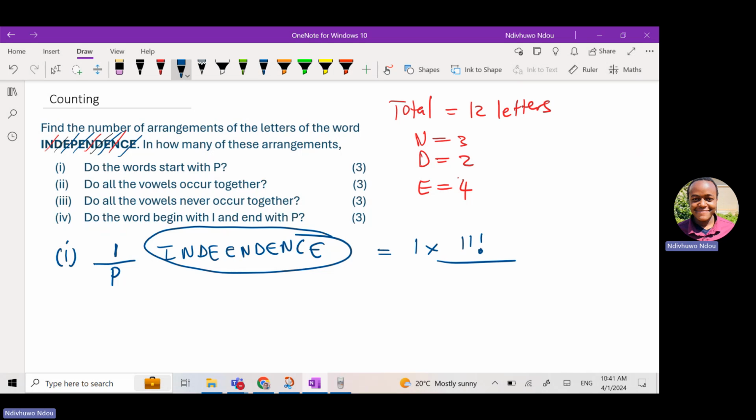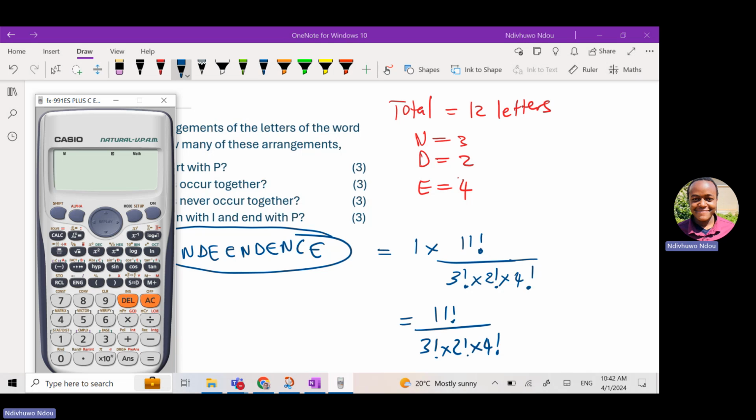N repeats 3 times, so we divide by 3 factorial. D repeats 2 times, so 2 factorial. E repeats 4 times, so 4 factorial. So you have 11 factorial over 3 factorial times 2 factorial times 4 factorial.